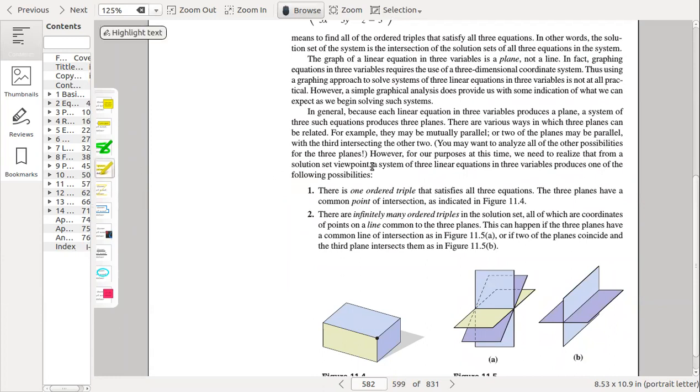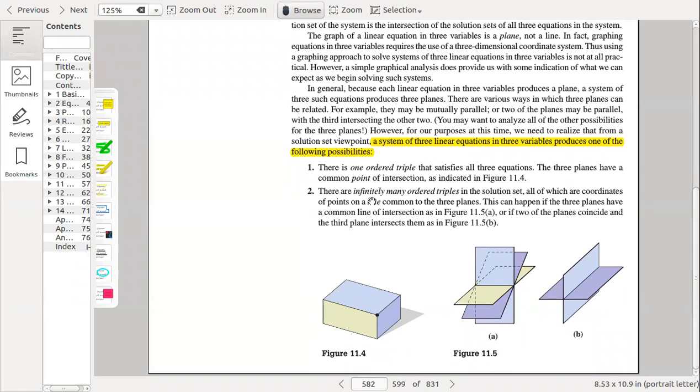So this is the point to be remembered, that a system of three linear equations in three variables produces one of the following possibilities. Number one, there is one ordered triple that satisfies all three equations. The three planes have a common point of intersection as indicated in figure 14.4.